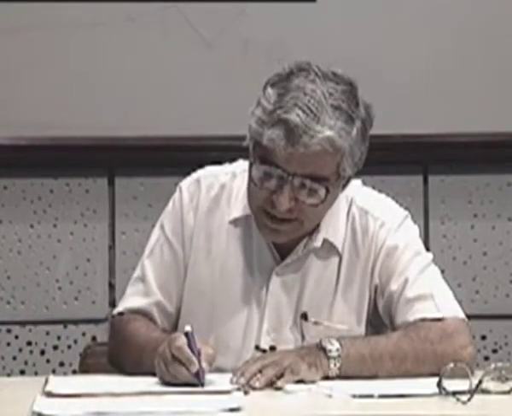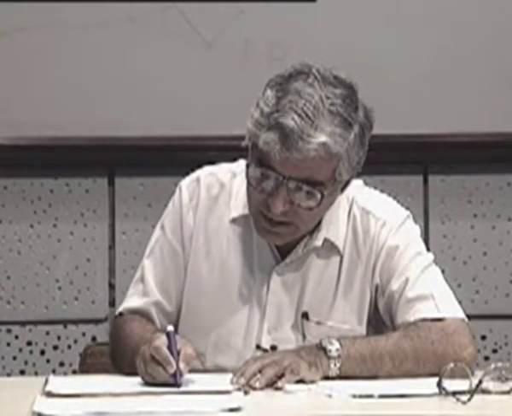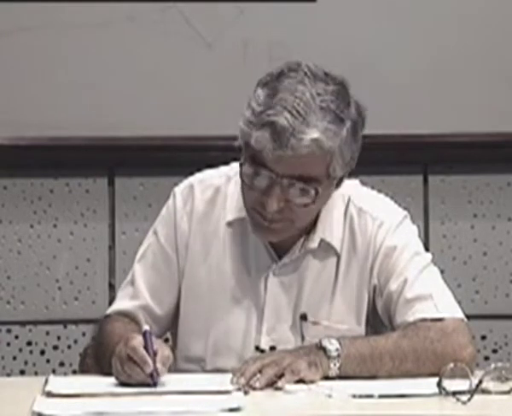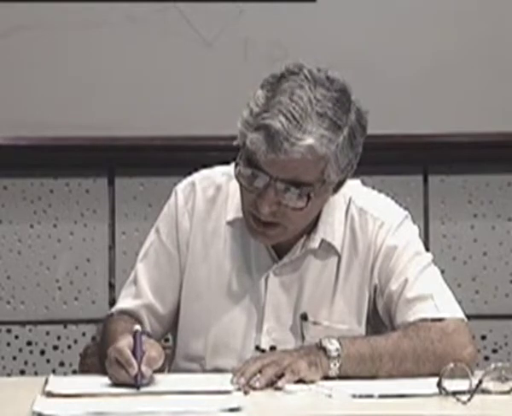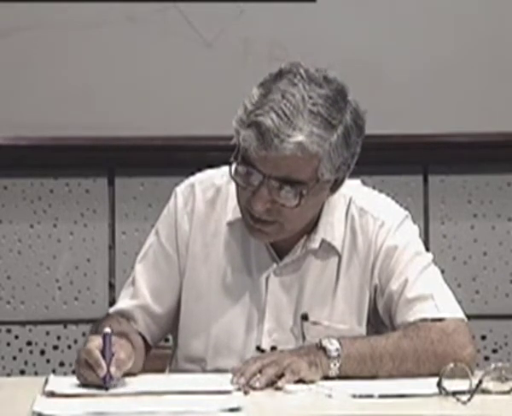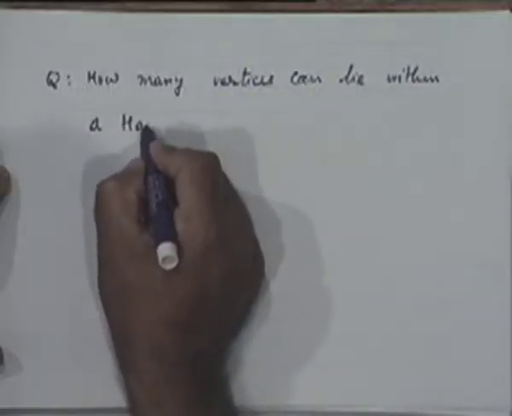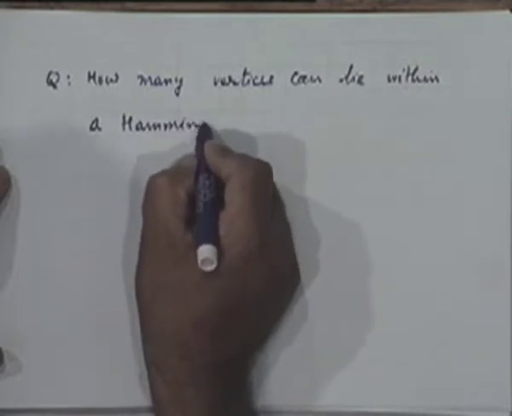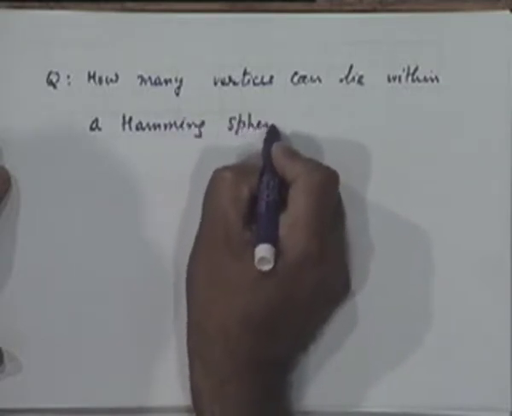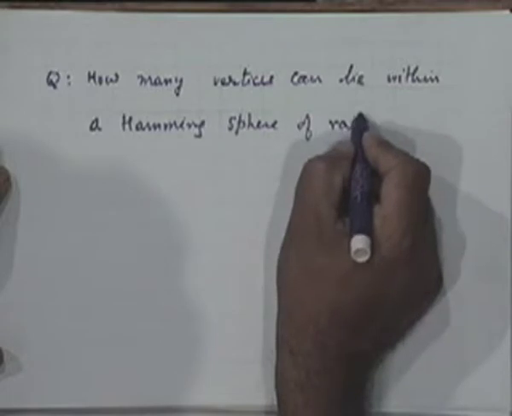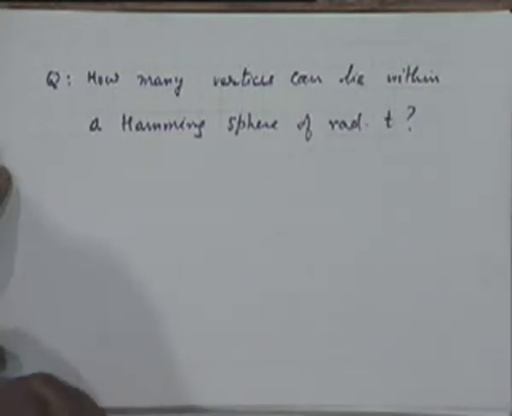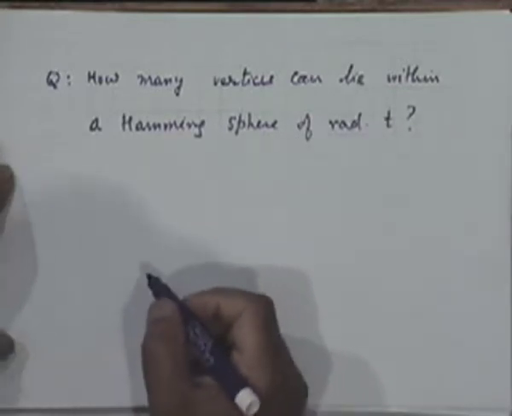So the next question we address is how many vertices can lie within a Hamming sphere of radius T. Okay. All right.